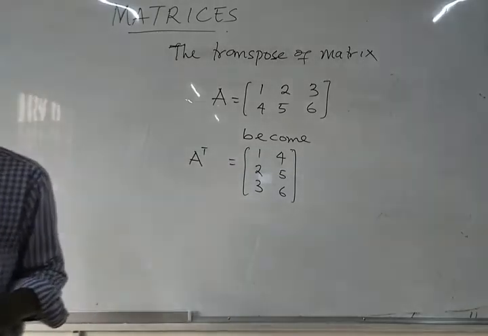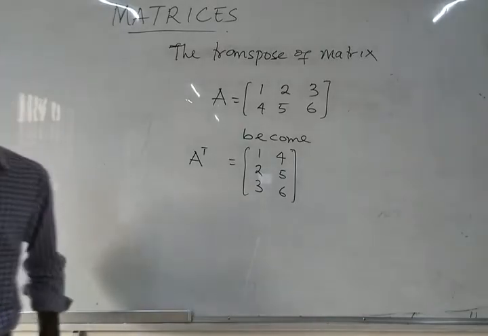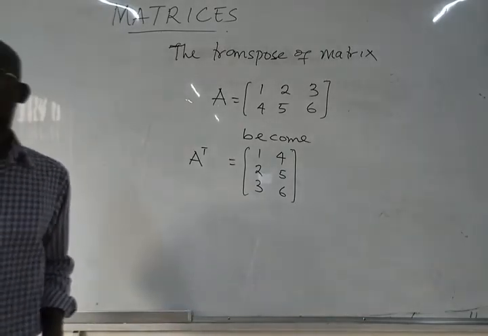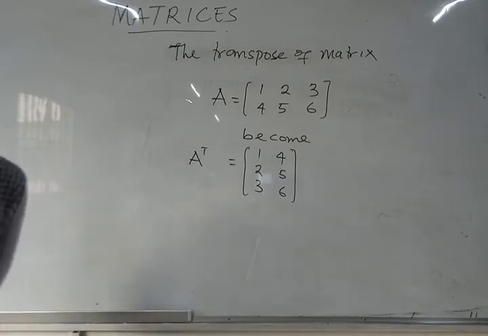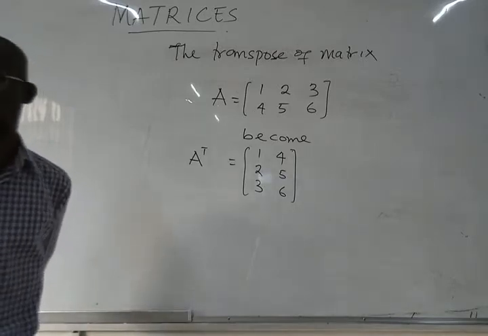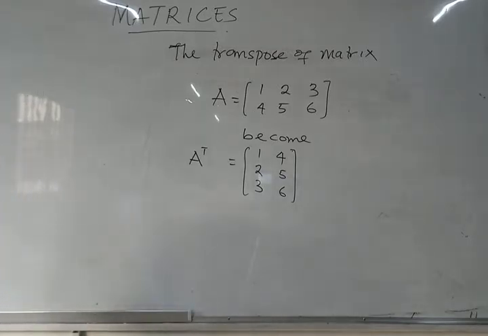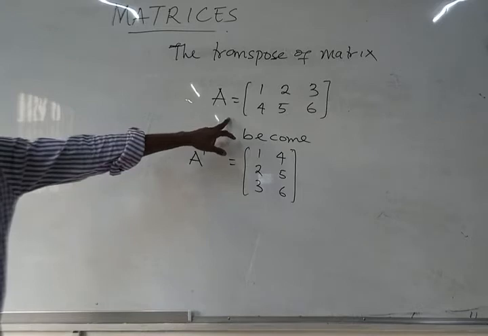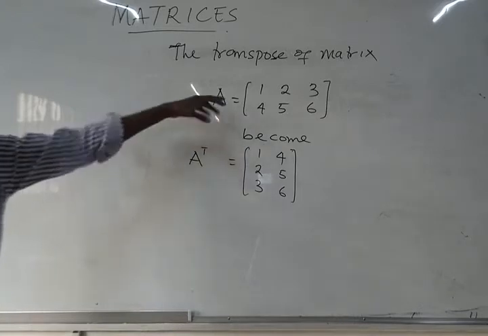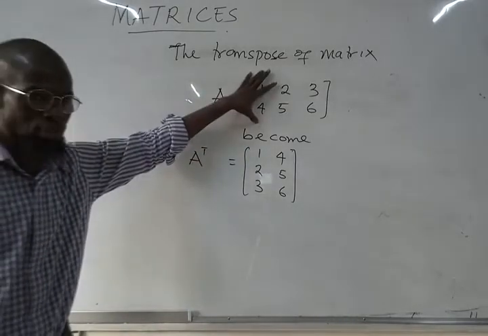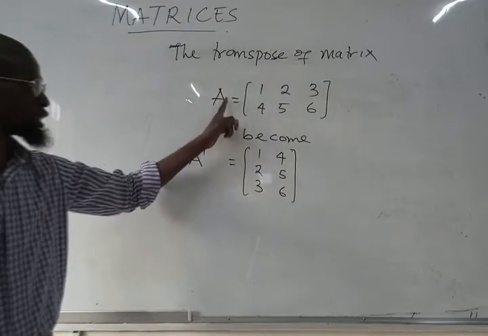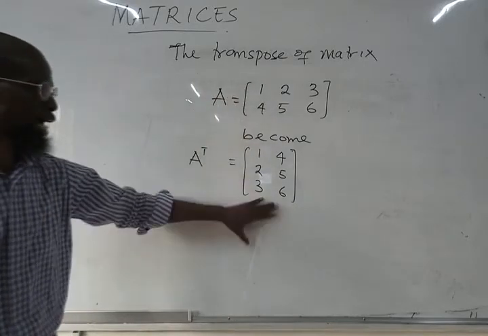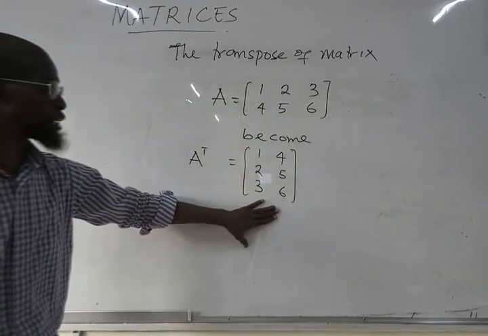In our previous example, it is clear that the transpose of a matrix is not equal to A. This transpose is not the same thing as this, because this is another matrix.